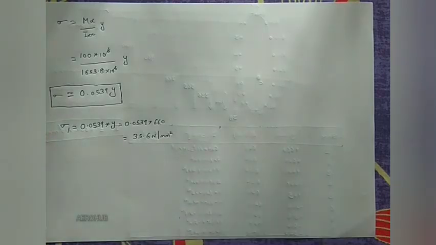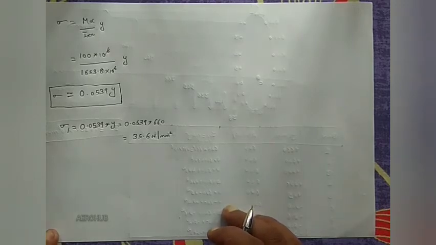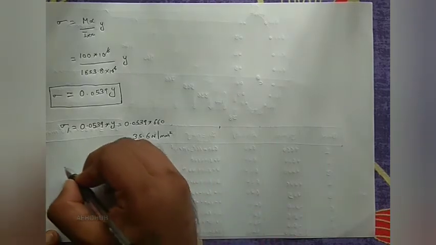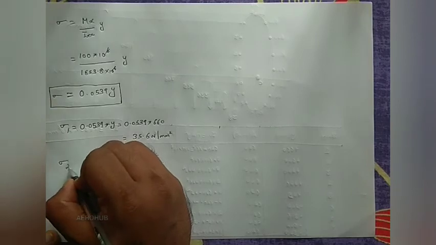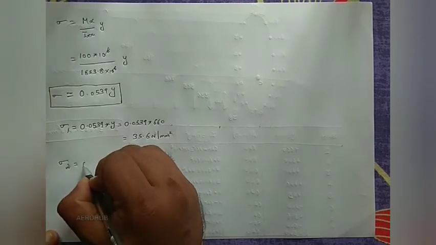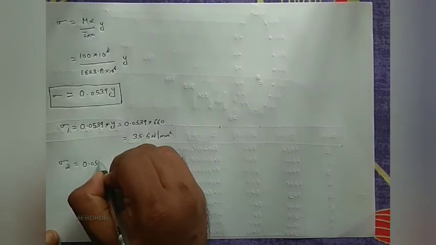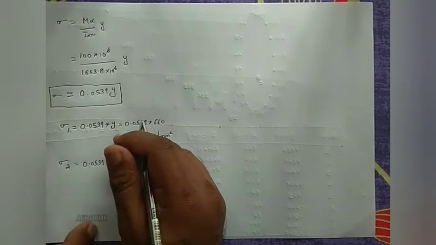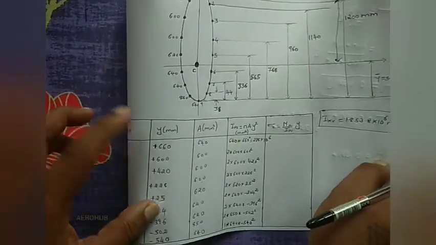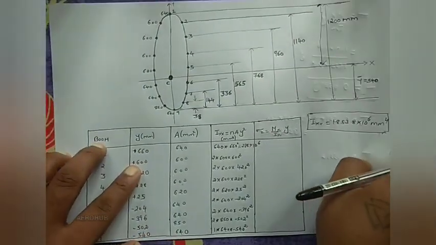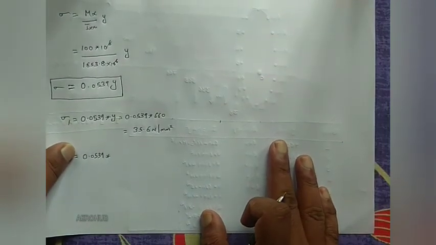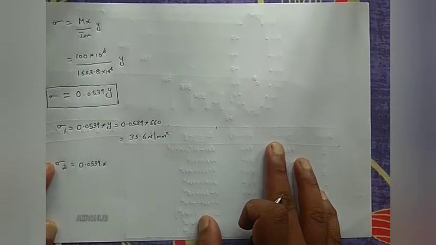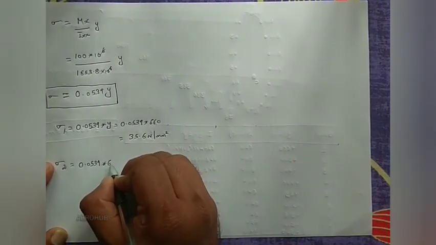Okay. Similarly, we have to find out for the entire section, entire boom areas. So for sigma 2, that is the boom area number 2, that will be 0.0539 into the value of y, which is 600 millimeter, into 600.